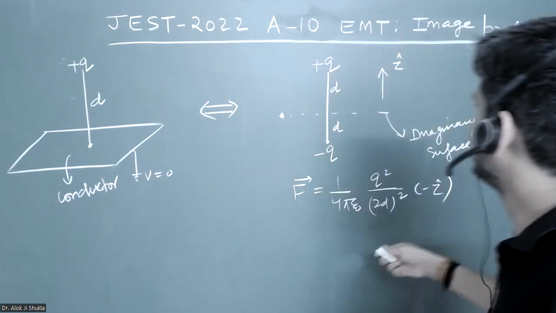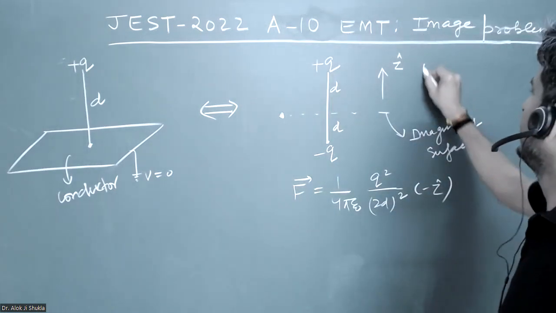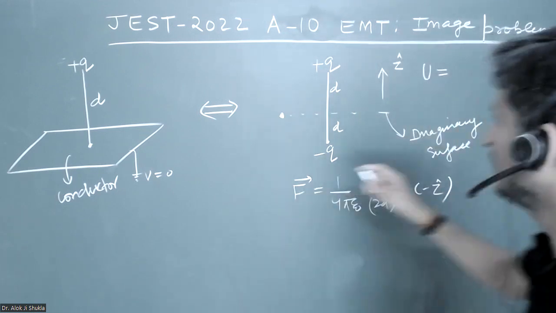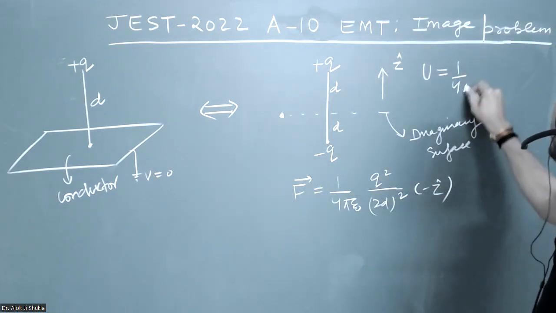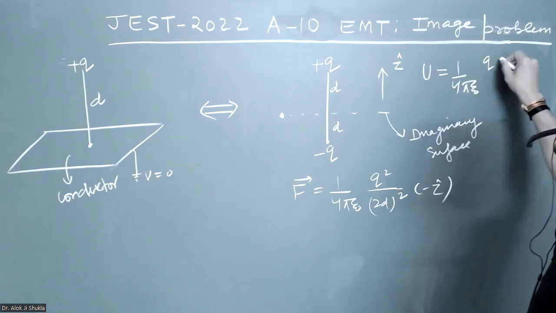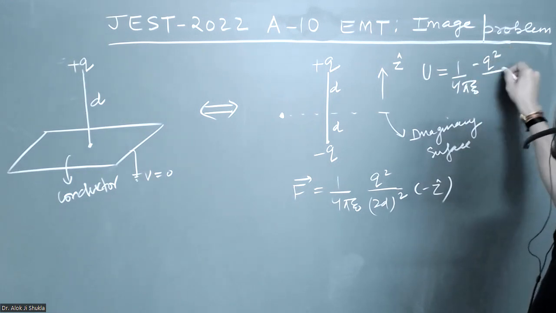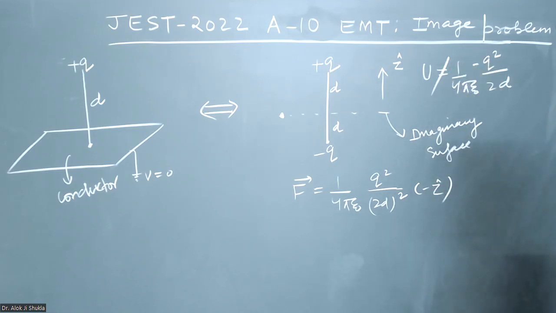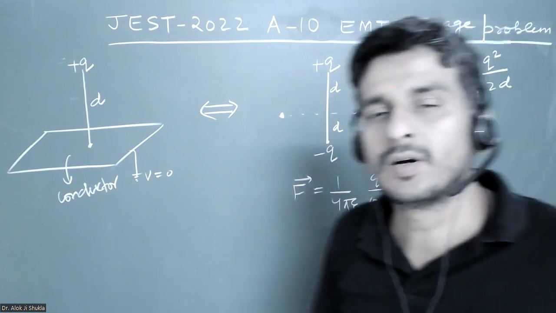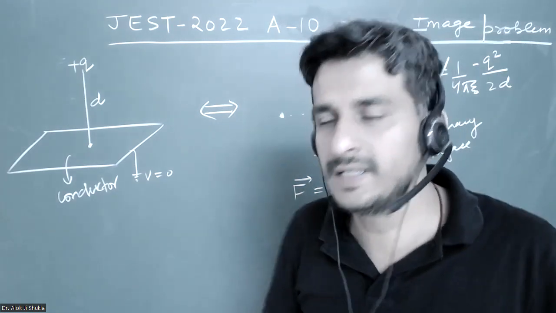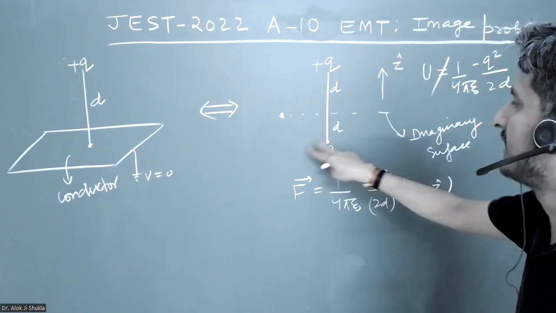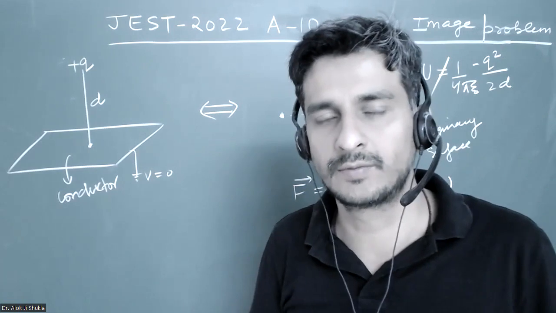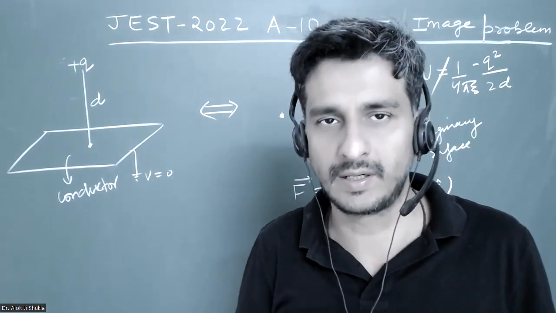So we can make a mistake here, that energy is 1 upon 4 pi epsilon naught q1 q2 by r. So that will be equal to 1 upon 4 pi epsilon naught q times minus q, that is minus q square, by r, that is 2d. But this is wrong. Okay, why is this wrong? Because for the calculation of energy, we will be going towards this charge also, and that will violate our uniqueness theorem. So that's why this will give you a wrong result.